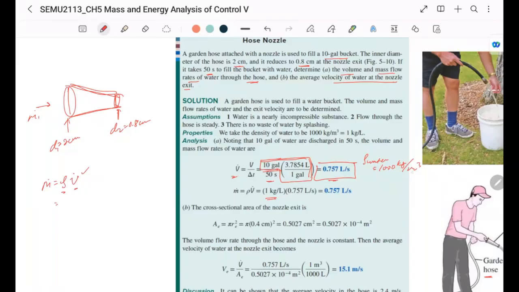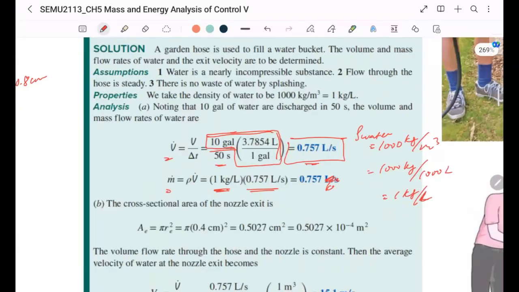1 meter cube is 1,000 liter, basically. So therefore, you get 1 kilogram per liter. That's the density of water, sorry. So then you multiply density with volume flow rate, you get the mass flow rate, which is, this one is wrong, should be kg per second.